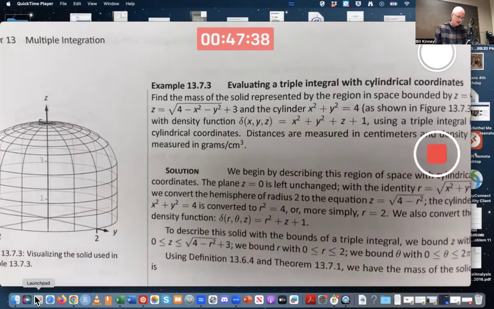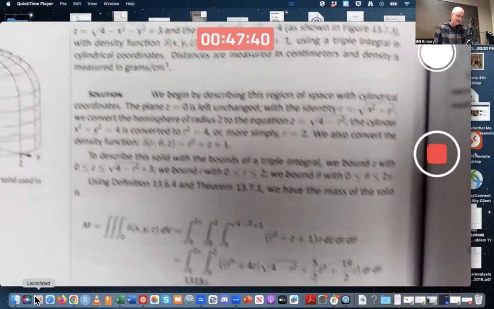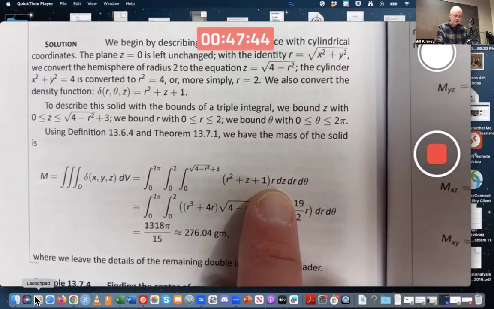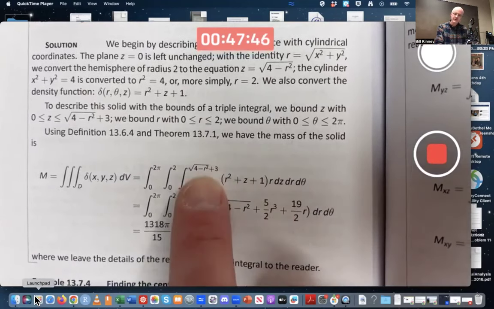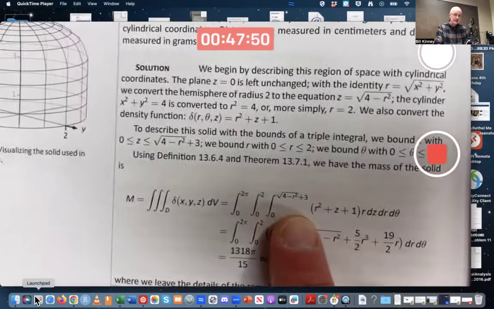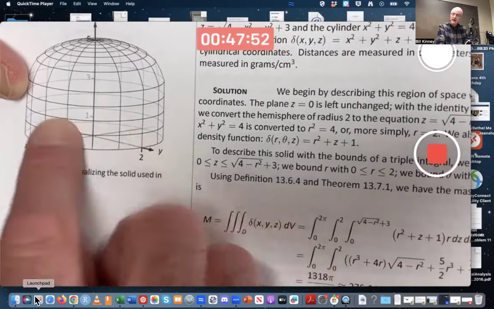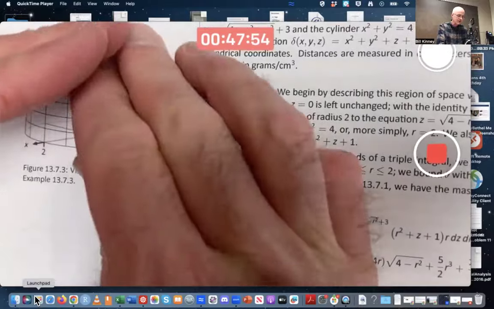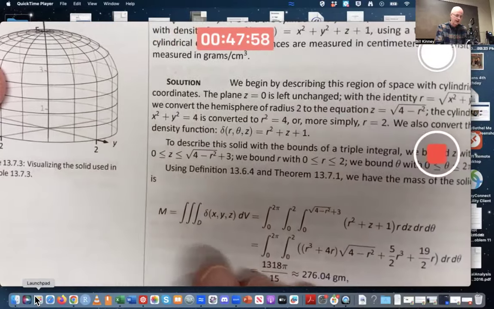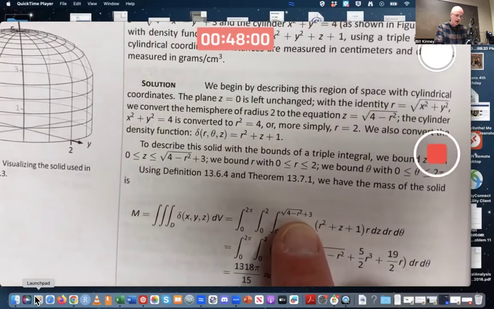The trickiest thing here, besides making sure you don't forget to include an extra factor of r in there, is figuring out the limits of integration for the inner integral. z goes from the bottom of the bird cage, which is 0, to the top, which is this curved part up here. You've got to write that as a function of r and theta. In this case, you can just write it as a function of r.